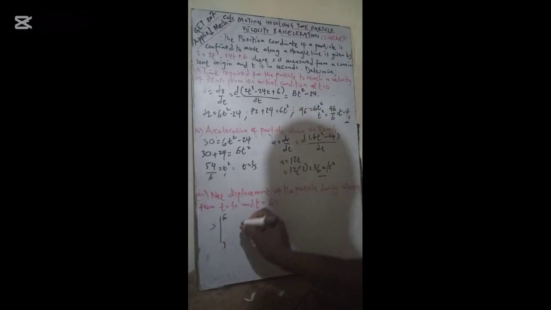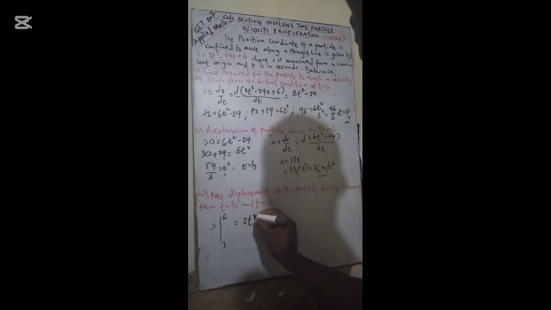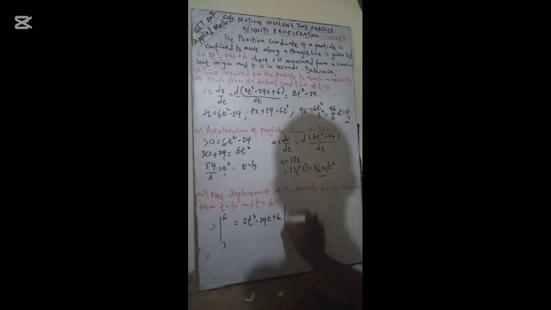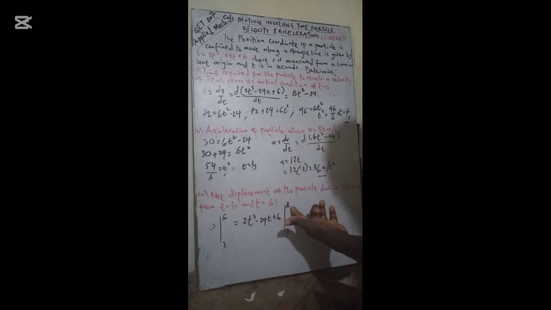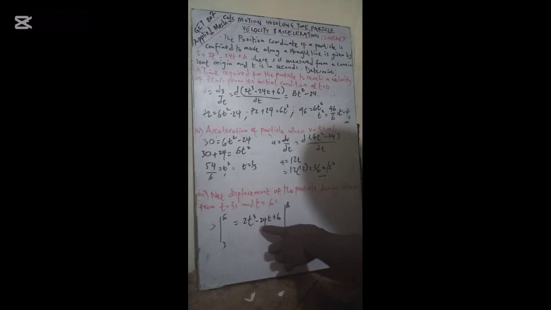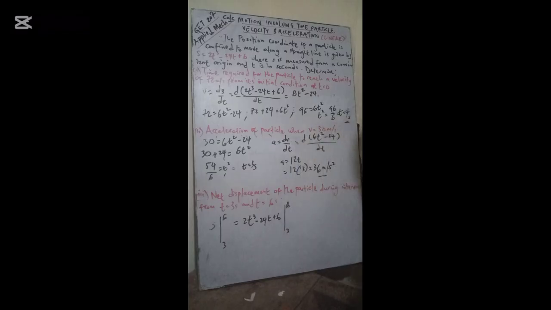So you bring out your distance, which is 2t cubed minus 24t plus 6, then limits of 6 and 3. And you all know the rule of limits. You are going to insert 6 as t here, then minus, you also insert 3 as t here too. Then you subtract and get your answer.